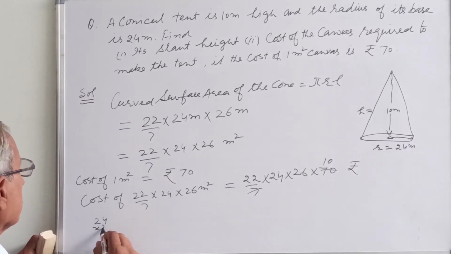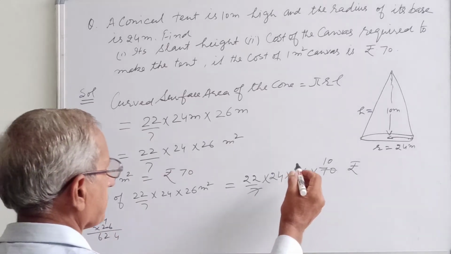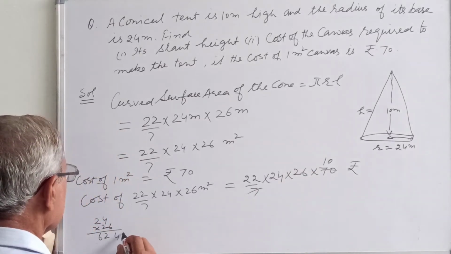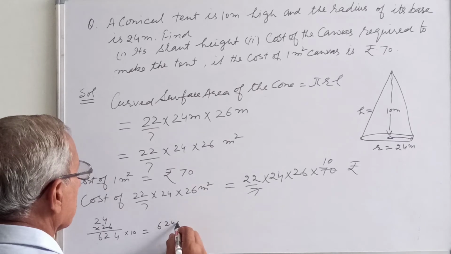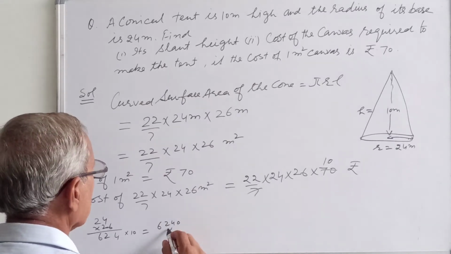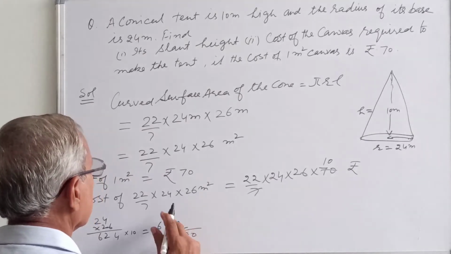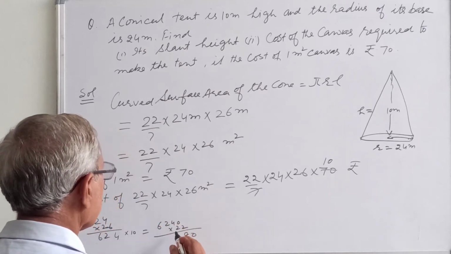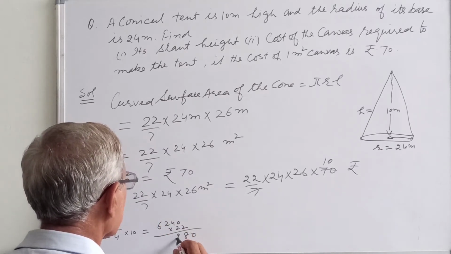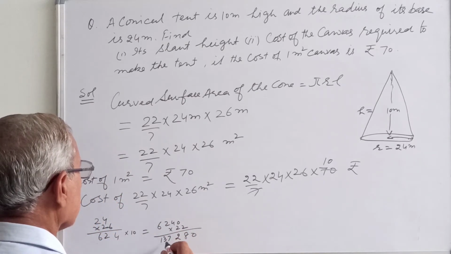24 multiply by 26, 624. Then multiply by 10, 6240. Multiply by 22, 0, 88. Multiply by 22, 44 plus 8, that is 52. 132 plus 5, 137.